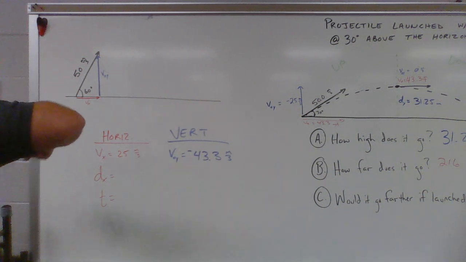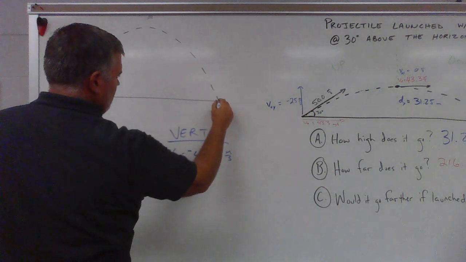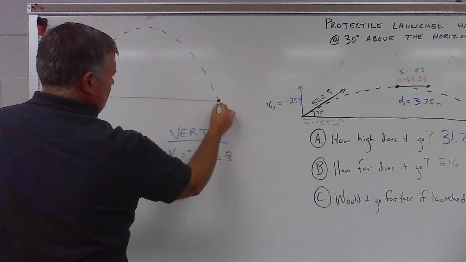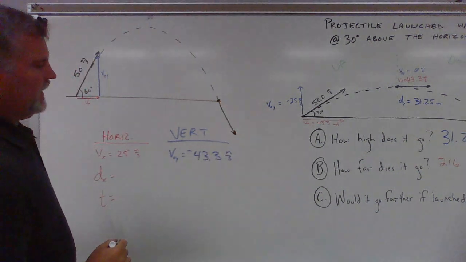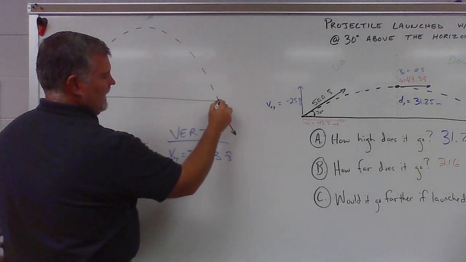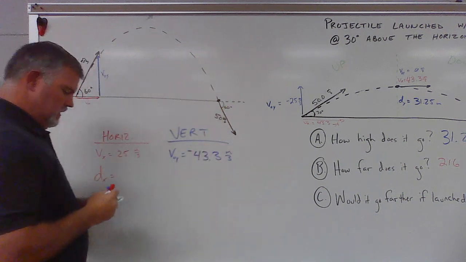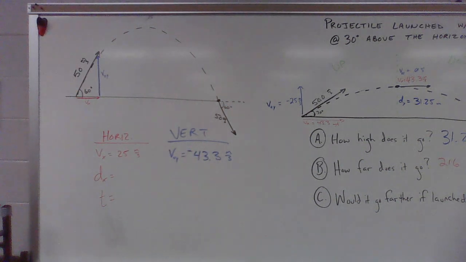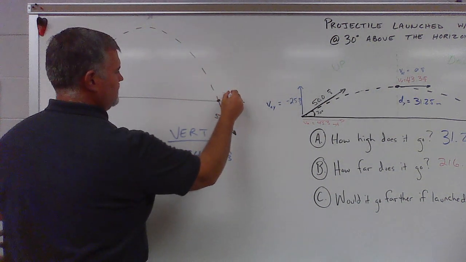Now, this projectile is going to follow this parabolic arc. And on the other side, it's going to come downward. And just before it hits the ground, that moment of impact right there, it's going to be traveling 50 meters per second at 60 degrees below the horizontal. So the horizontal component is still going to be 25 meters per second.